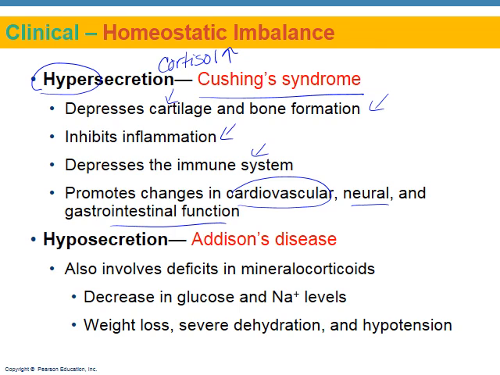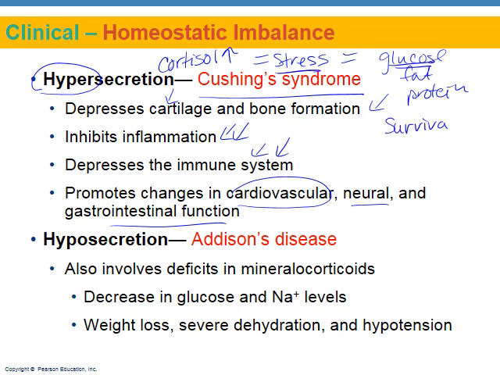So basically, if you're under stress all the time, you are constantly trying to make glucose available, you're using fats and proteins to do it, and you are suppressing the immune system. We do not have time to fight pathogens. We're worried about stress and food and survival.